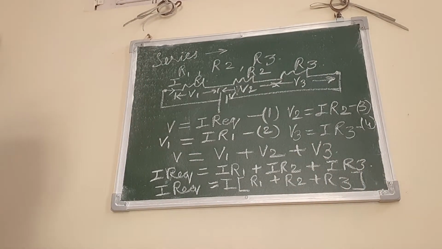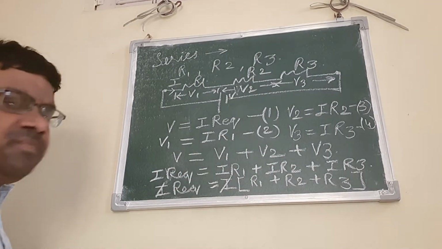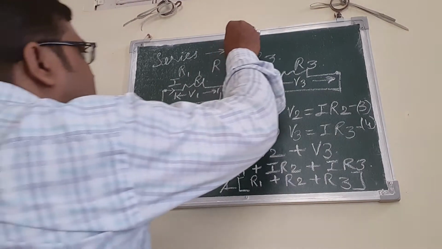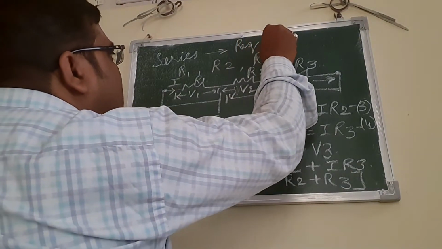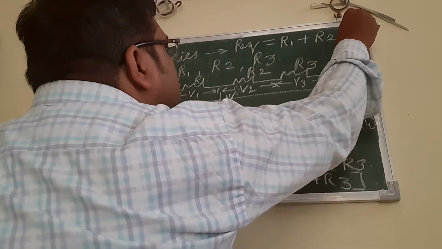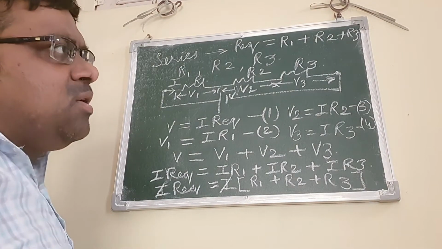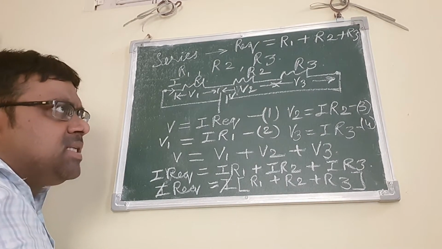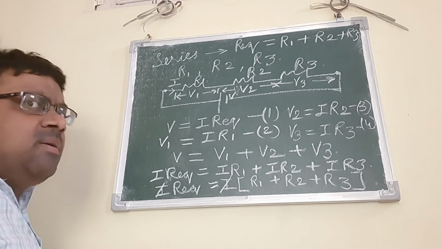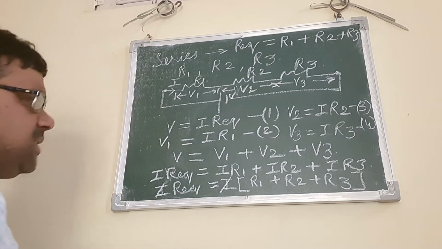I and I get cancelled. So the final expression is R equivalent equal to R1 plus R2 plus R3. It is simply the sum of all the resistances. So the equivalent resistance in series combination is equal to the sum of the individual resistances.